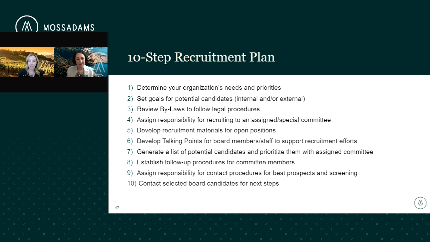Set goals for potential candidates, internal or external. Maybe you have some opportunities within your current board to elevate into positions. Maybe you do need to go external. So think about that goal setting process. Obviously, review any bylaws or legal procedures that you need to follow within your organization. You want to make sure you're following all of that. And then assign responsibility for recruiting to an assigned or special committee.